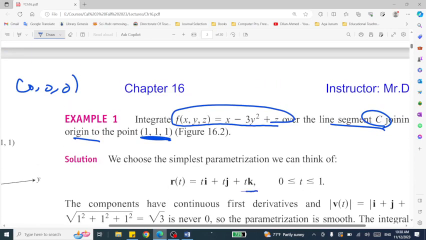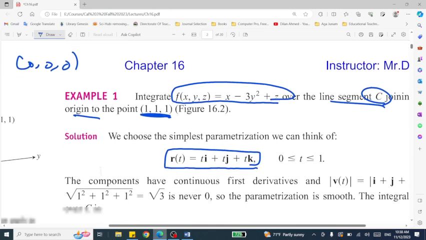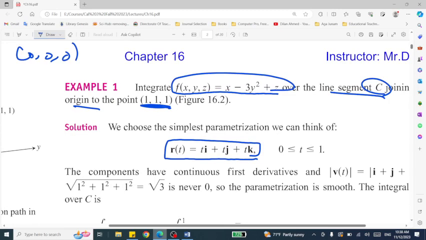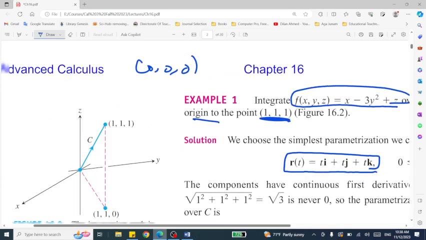So how do I get that one? How do I get this point? Yeah, r(t). How do we get r(t)? Here's your origin point, and here the other point.